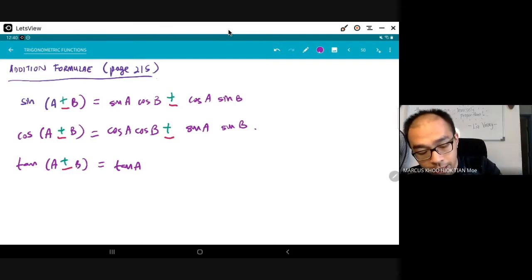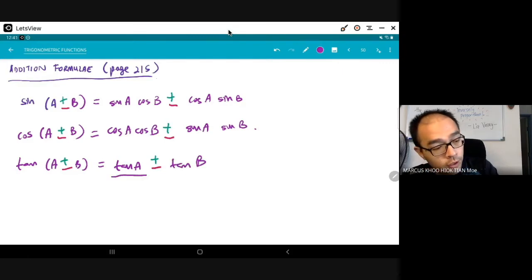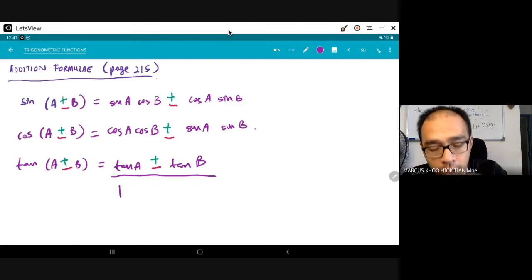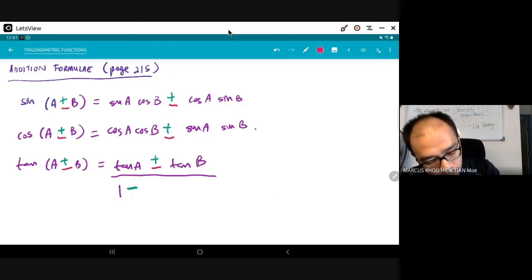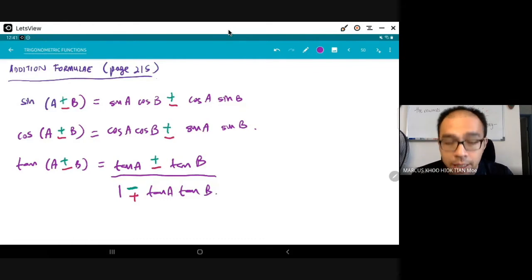It will be tangent A, then if you're going with the plus, it will be plus here, and then it will be minus here. So it will be tangent B over 1. Take a look at this carefully, everybody. This is the only part where it's different. If you're following the green route, on top will be plus, and then the red route will be plus at the bottom. Tangent A multiplied by tangent B. So only the tangent formula is reversed in that sense.